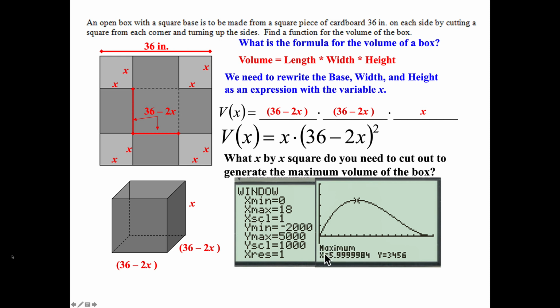So if you go to the trace mode, you type in a 6 to see if you get the same 3456, which I did, then 6 is my x. So that is the size of the square I want to cut out from each corner, which will give me the maximum volume for that box. Okay? And that's 3456.